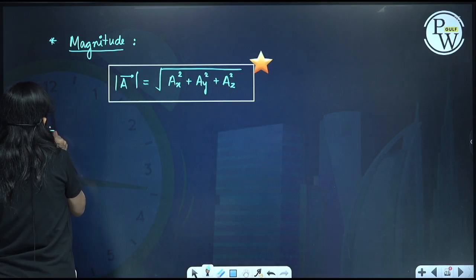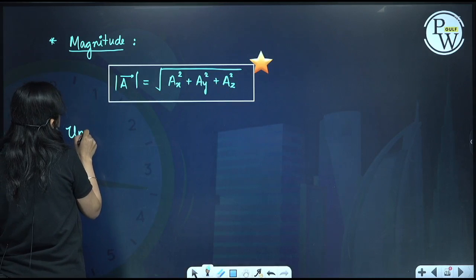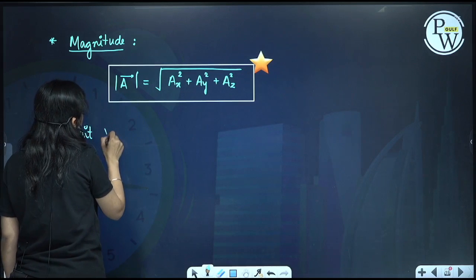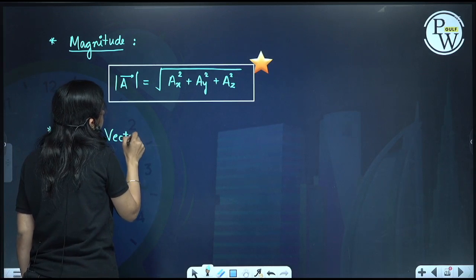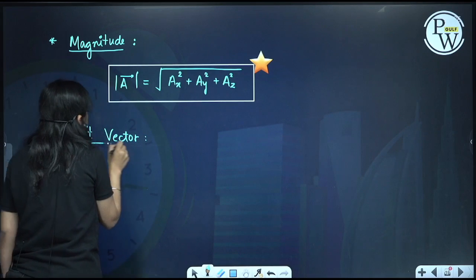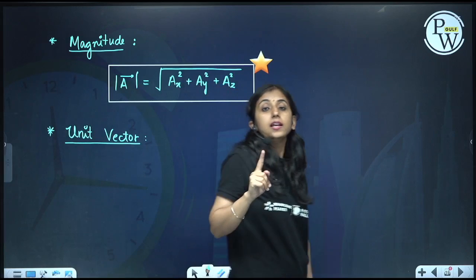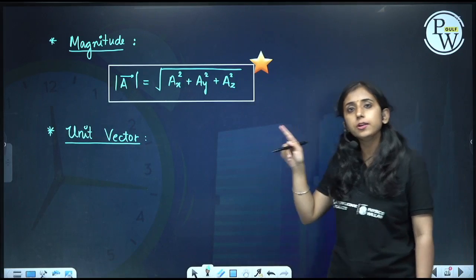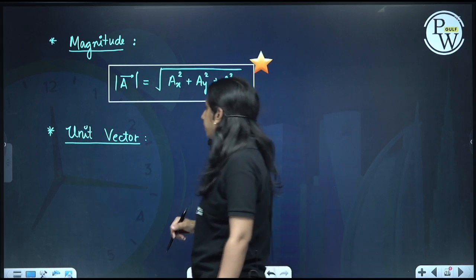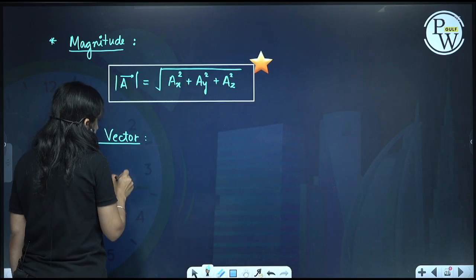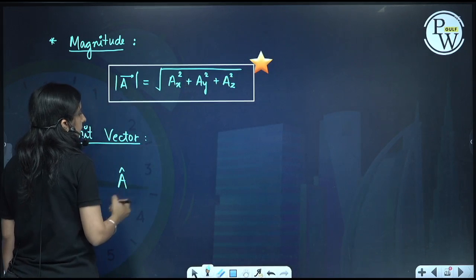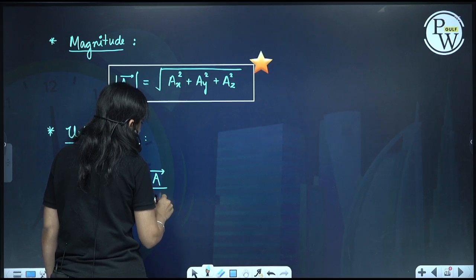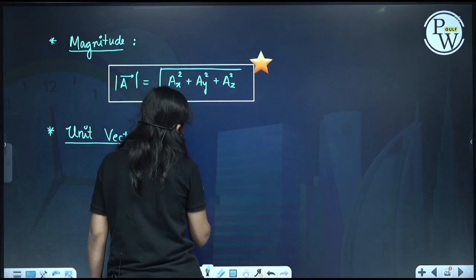Next is how can we find the unit vector, that is, the unit vector in the direction of A, or how to tell the direction of A. If I want to tell the direction of A, it can be told by the unit vector in the direction of A. Any unit vector pointing in the direction of A will give me the direction of A. So we want to find A cap. A cap is equal to the vector divided by its magnitude. What is my A vector?